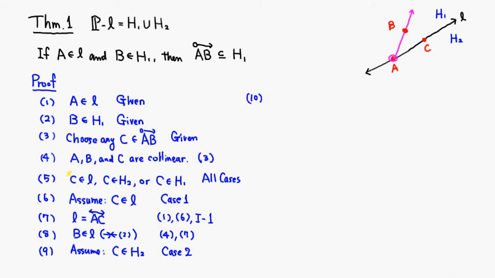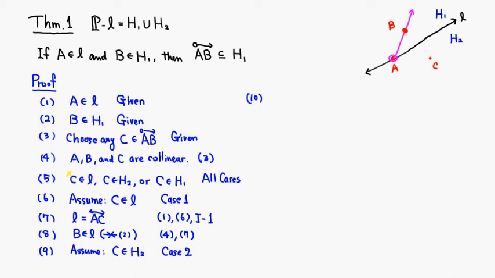Now the picture looks a little bit different. C is actually not going to be on the line; it's going to be in H2, so C is going to be out here. That looks kind of strange, since the ray is going to have to go around and hit C. But what can we say from there?